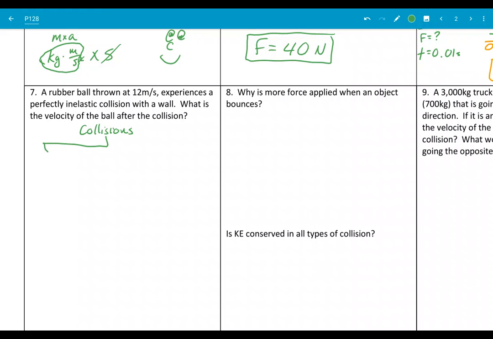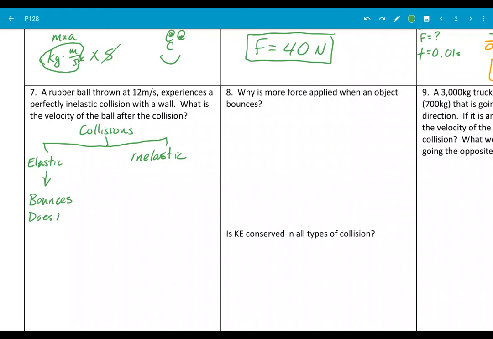Okay, there is a type that's called elastic and another type that's called inelastic. Elastic. Okay, and in an elastic collision, the thing bounces.